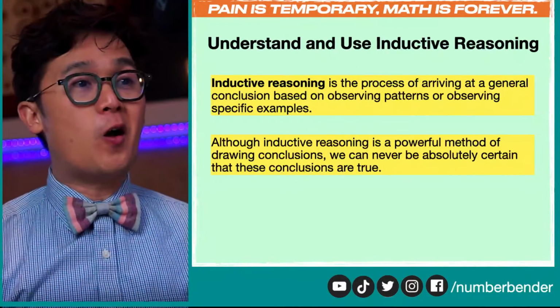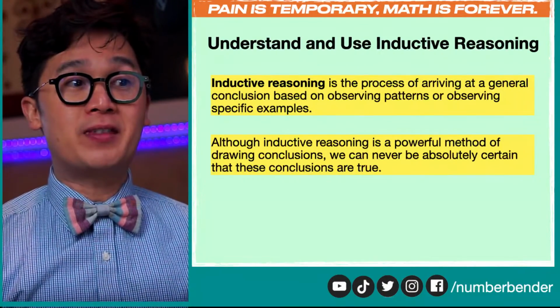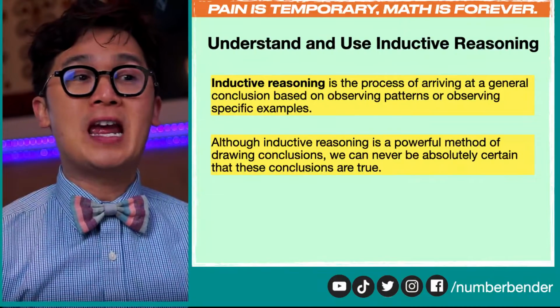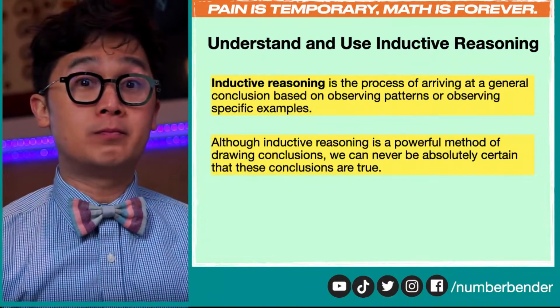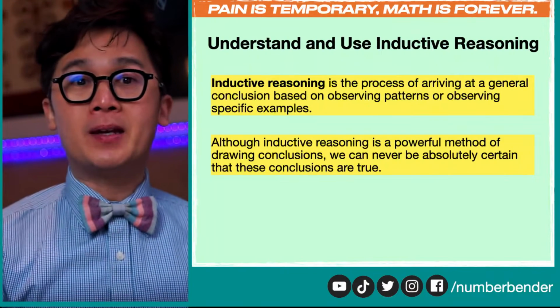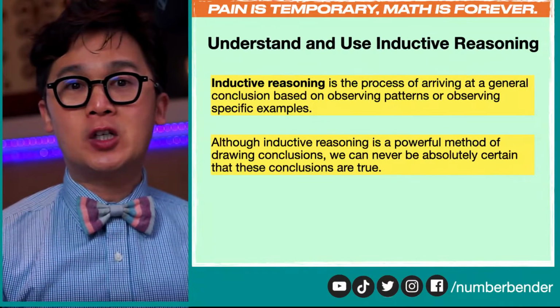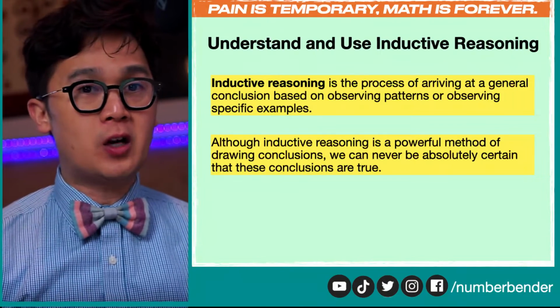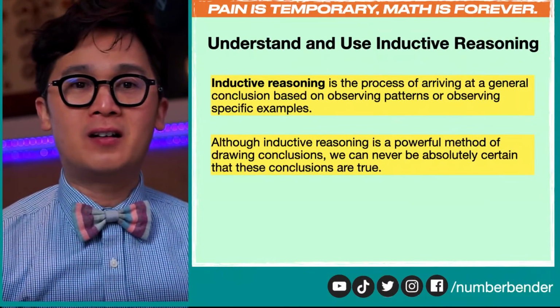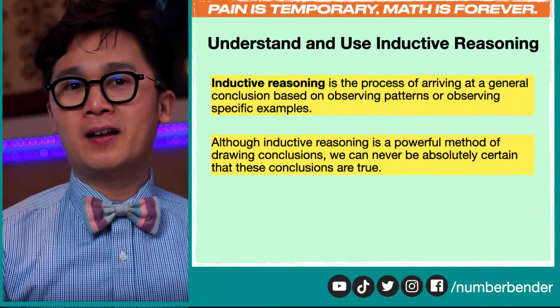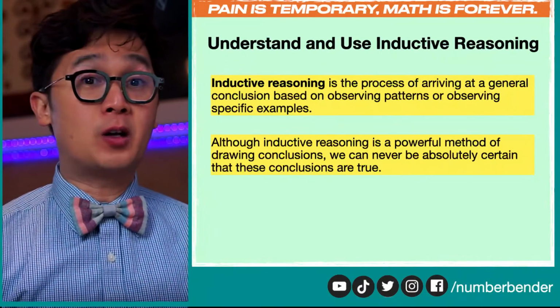Although inductive reasoning is a powerful method of drawing conclusions, we can never be absolutely certain that these conclusions are true. This may happen because at one time I drove to LAX from Barstow on a weekend, and I was able to drive there pretty quickly, similar to driving on a weekday.